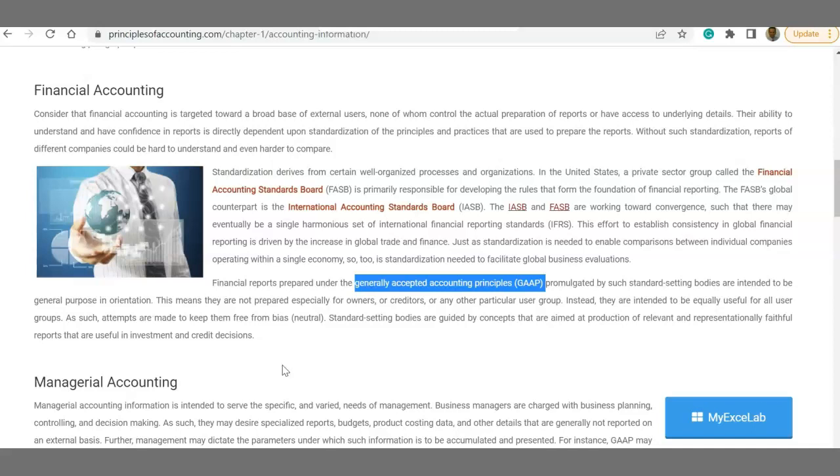You have to prepare your financial statements in a way that every single person is able to understand what's going on, what you are doing, what your income is, what your balance sheet is, how much asset you have, how much equity, and how much liability. Then they can analyze it. They can understand: are you going to stay in business? Are you going to have a good profit? Are you going to be able to pay your liabilities? All that needs to be properly prepared.